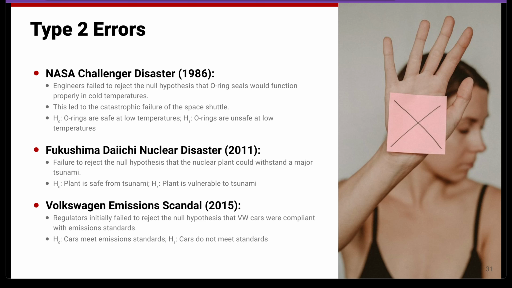Regulators initially failed to reject the null hypothesis that Volkswagen cars were compliant with standards. So again, these are all things that are in business that can affect people, bottom line, money, everything else like that. So when you're doing a test or when you're doing research or when you're working on something, I want you to think about what is a type 1 error, what is a type 2 error.